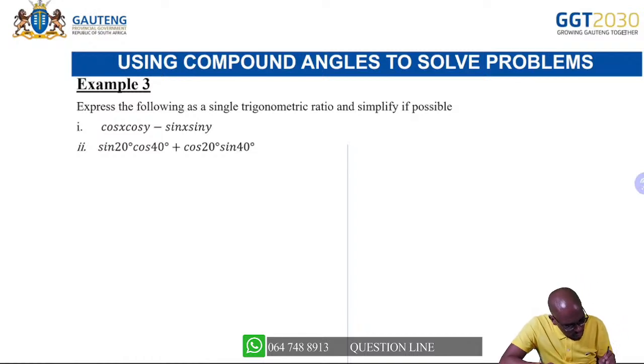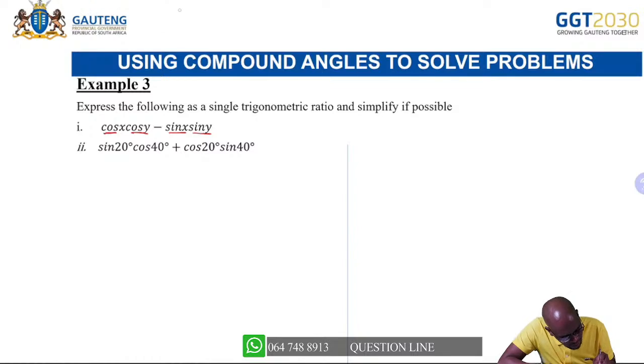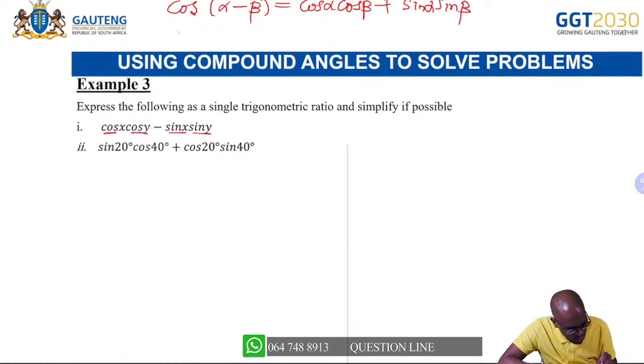So here, if we look at this one, it's cos, cos, sine, sine. And we know the compound angle that takes cos multiplied by cos, sine multiplied by sine, should be the compound angle for the cosine. So if it's the cosine of alpha minus beta, it should be the cosine of alpha, the cosine of beta, plus the sine of alpha, the sine of beta, as per the formula sheet.